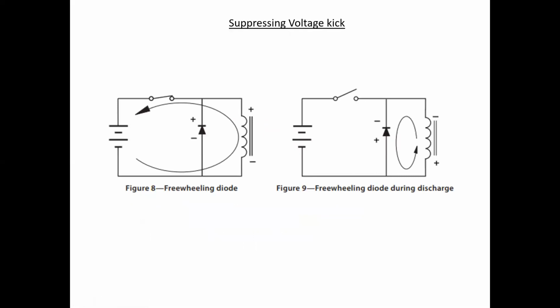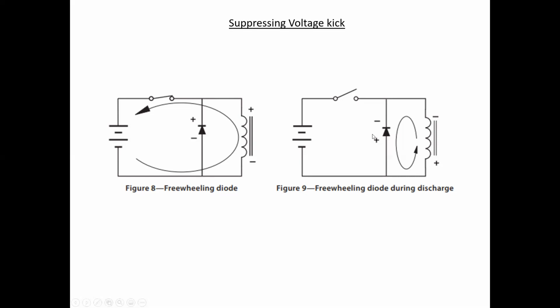There are a couple of different ways we can suppress the voltage kick, and very often you will see things like this, a freewheeling diode being put in place. It's in parallel with the inductor, and a diode will only conduct in one direction. And so what that means is that when it's connected in this manner, current will not flow through the diode during normal operation because it's reverse biased.